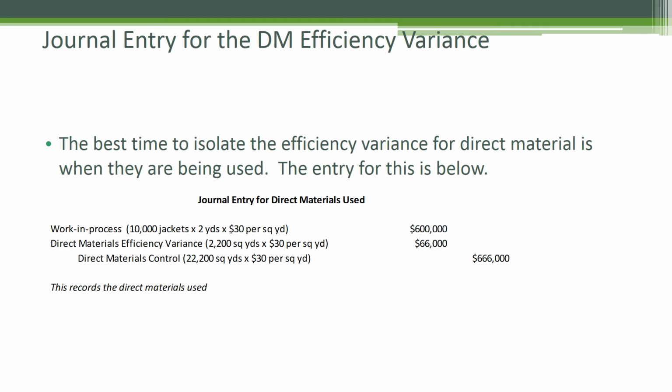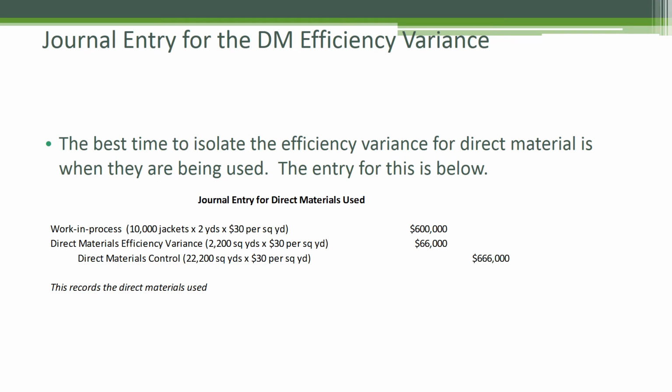The next entry we're going to look at is the entry for the efficiency variance on the direct materials. The best time to isolate the efficiency variance for direct materials is when they're actually being used, which means our entry is going to be made to work in process. And the entry is below. We are going to debit work in process for $600,000, which is the 10,000 jackets times our 2 yards per jacket that we thought we would use times our $30 per square yard that we had budgeted to pay.